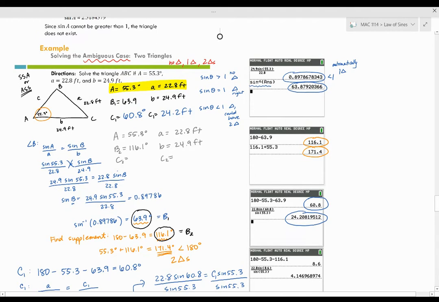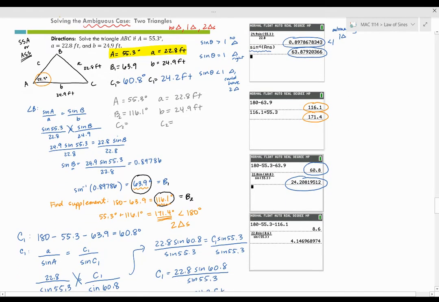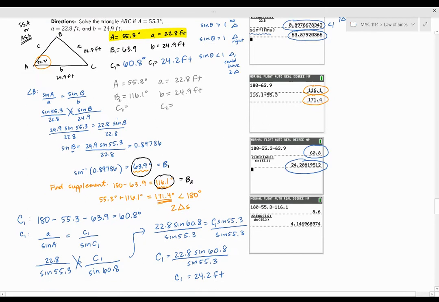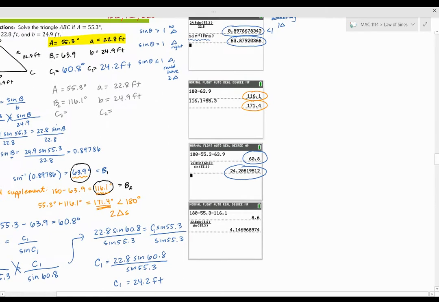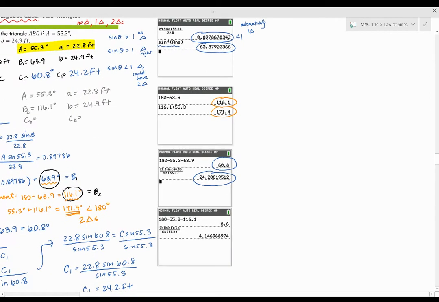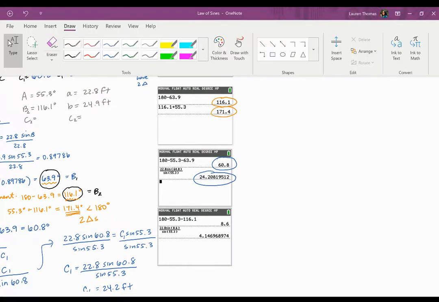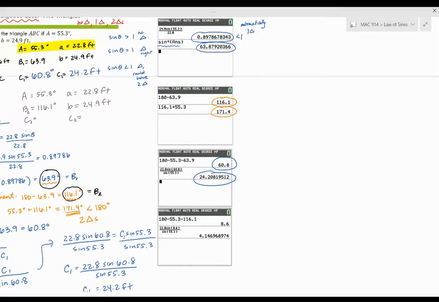All of its information is done. Now we can go ahead and finish solving for triangle 2. I'm going to make triangle 2 stuff in green. The easiest thing to find on triangle 2 is angle C2, because we know that all the angles of a triangle sum to 180.